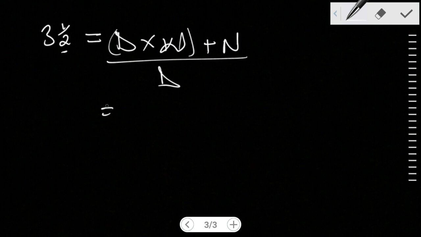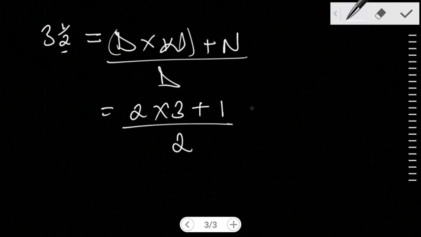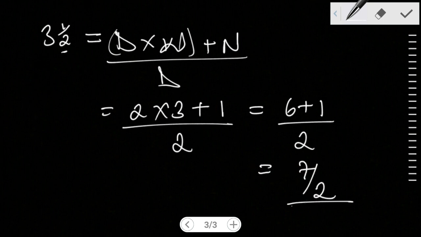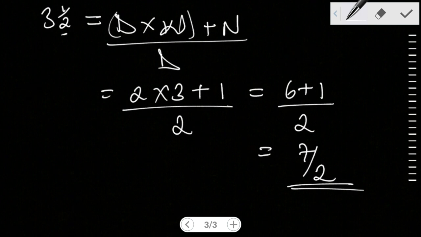So this would be equal to the denominator 2 times the whole number, which is 3, plus the numerator, which is 1, all over the denominator, which is 2. Therefore here I would have 6 plus 1 all over 2, which is equal to 7 all over 2, and this is our improper fraction.